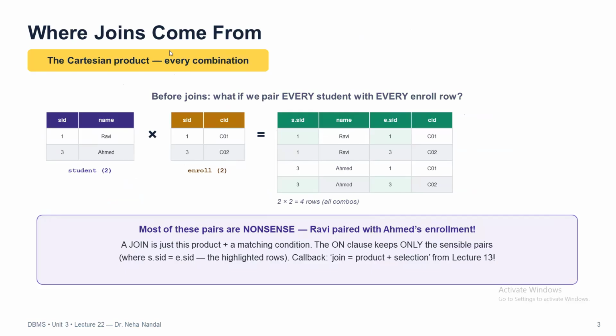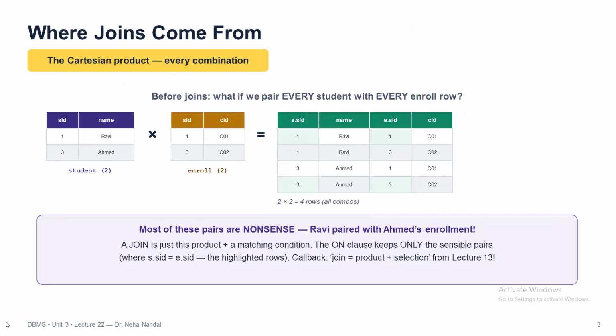This is where joins come from. When we combine any two tables, MySQL first takes the Cartesian product. So we are pairing every student with every enroll row.